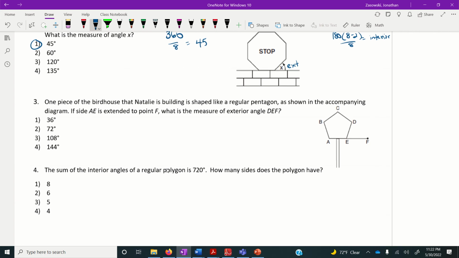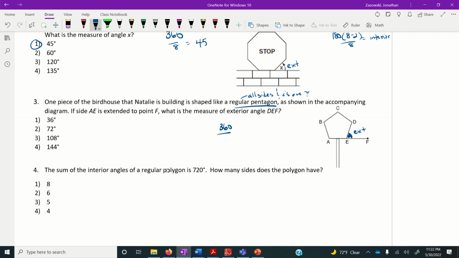All right, once again, we have a birdhouse building in the shape of a regular pentagon. Remember, regular just means that all sides and angles are congruent, as shown in the diagram. We extended AE over F. What is the measure of angle DEF? Once again, this is an exterior angle, and it's a regular pentagon.